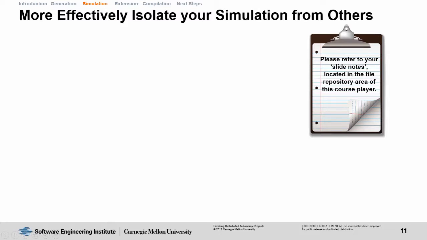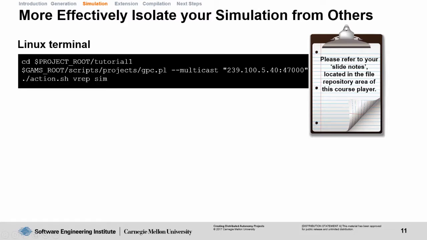There are more effective ways to isolate your simulation from others. For instance, you can use a different networking transport. If you remember, the Madara technology that's underneath GAMS has a networking transport that you can configure with various UDP transports. You can also use DDS or 0MQ. Here we're going to set a multicast IP of 239.100.540. This will put us on a completely different multicast space so that other people's knowledge will not even reach us, and we won't have to make any kind of distinctions with a domain.